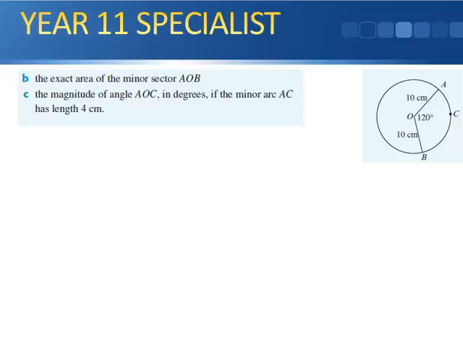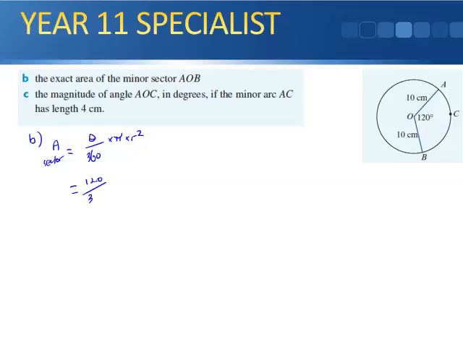Then part B says the exact area of the minor sector AOB. So the area of the sector is given by, again I'm going to use degrees, theta divided by 360 times pi times radius squared.